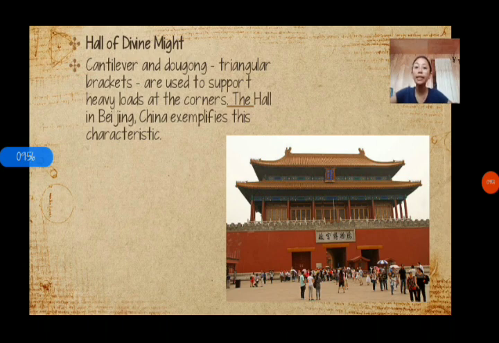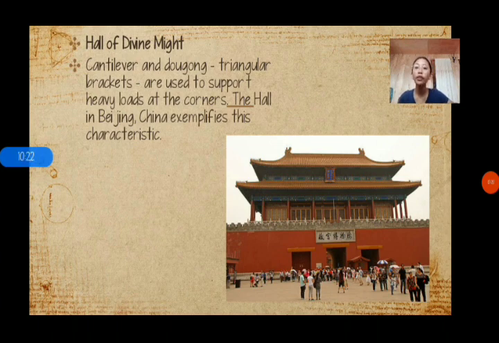So, these cantilevered roofs appear to float above the main structure and reinforce the focus on horizontal symmetry. So, the architecture of China and East Asia focuses on symmetry. Even in this cantilever and dougong, they really focus on horizontal symmetry.